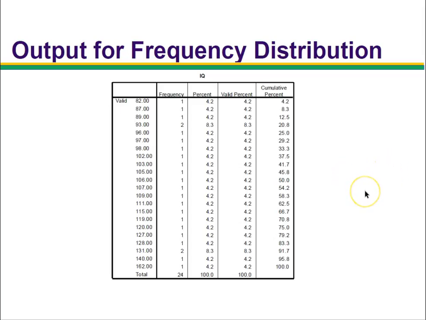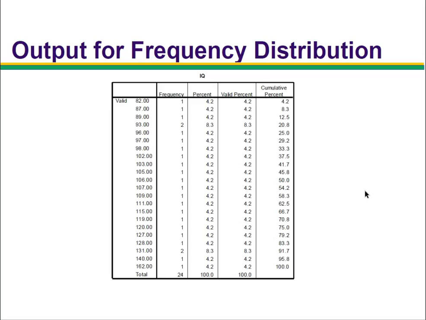The first thing we do with the data is to organize it. A frequency distribution is essentially the most basic type of table. A frequency distribution just shows you how many times each value appears in the data set.